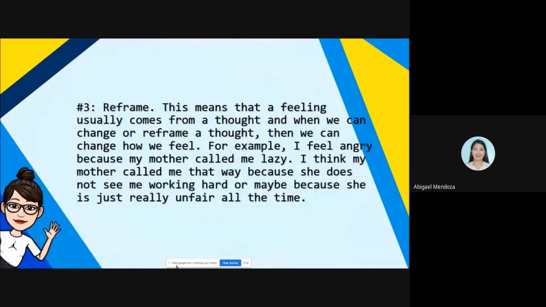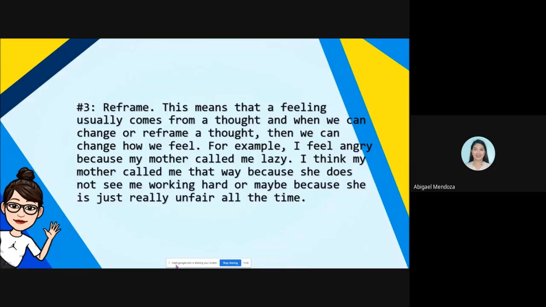Number 3. Reframe. This means that a feeling usually comes from a thought, and when we can change or reframe a thought, then we can change how we feel. For example, I feel angry because my mother called me lazy.